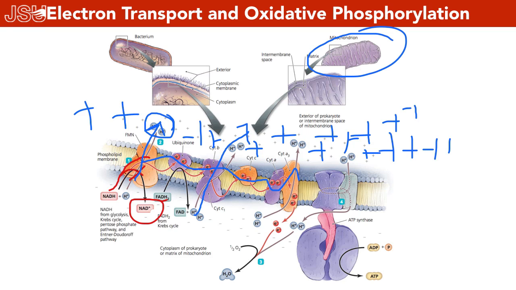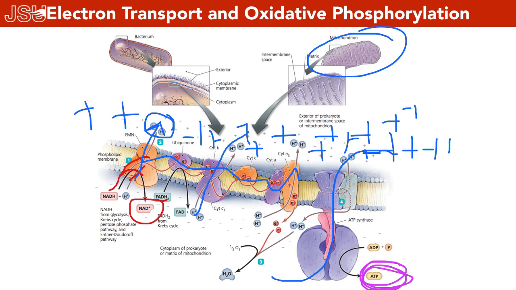We're then going to take these protons and move them through ATP synthase. Remember we talked about ATP synthase, that thing that's spinning around? Same thing here. We're going to move those through ATP synthase, and we're going to make ATP as a consequence.